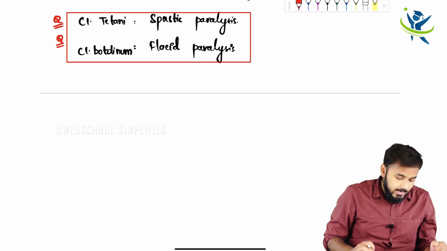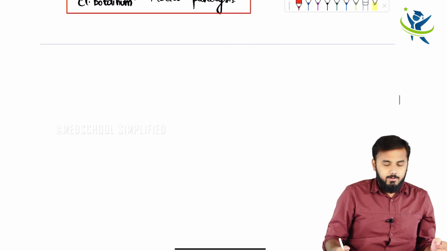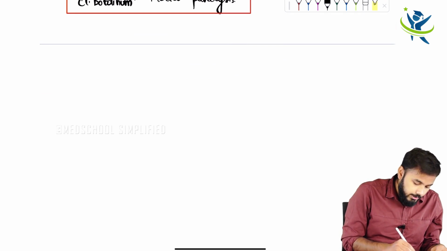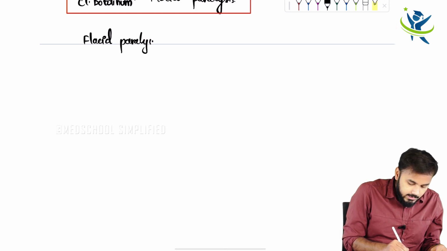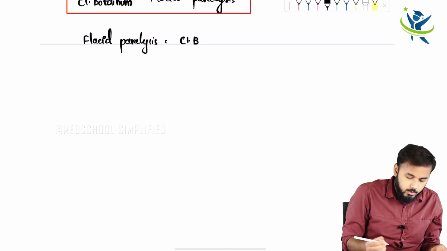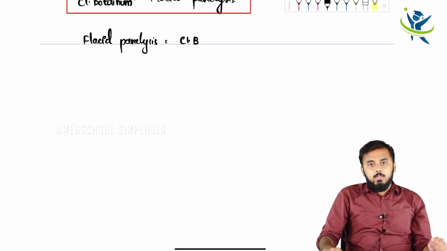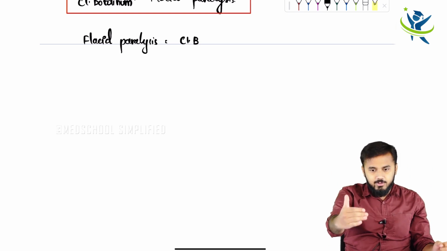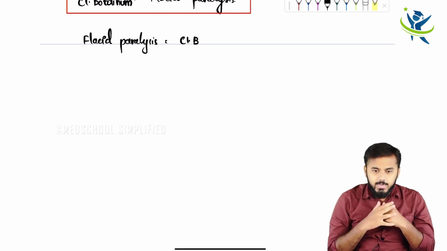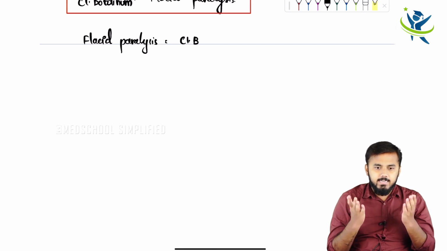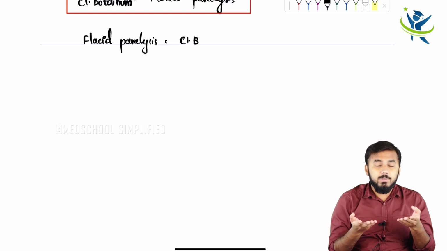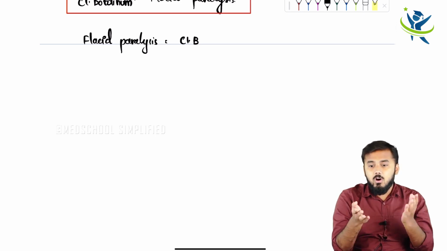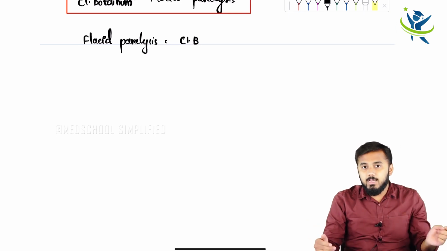Now, you told me that the patient is going to have flaccid paralysis in case of Clostridium botulinum. Very good, fine. Sir, but you get a paralysis patient to me. You get a patient having flaccid paralysis in front of me. Now, by looking at that patient, I'll decide that he is having flaccid paralysis. But how will I know whether this flaccid paralysis is because of Clostridium botulinum or because of Guillain-Barré syndrome?